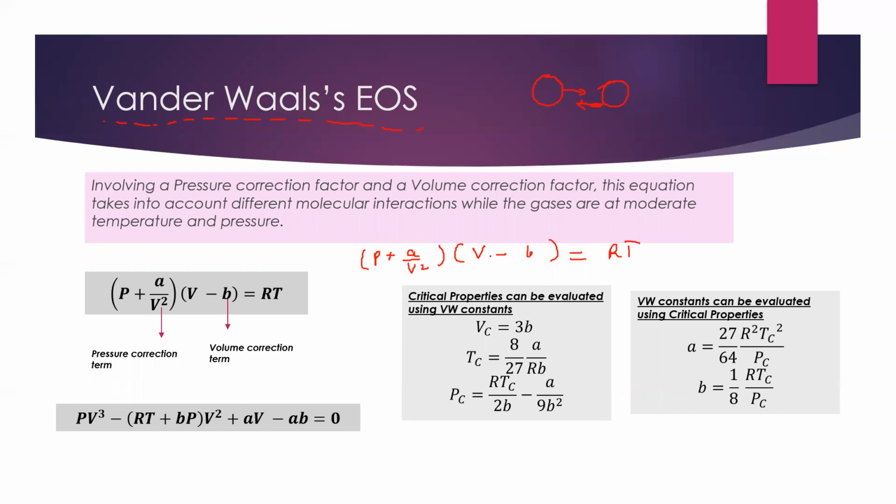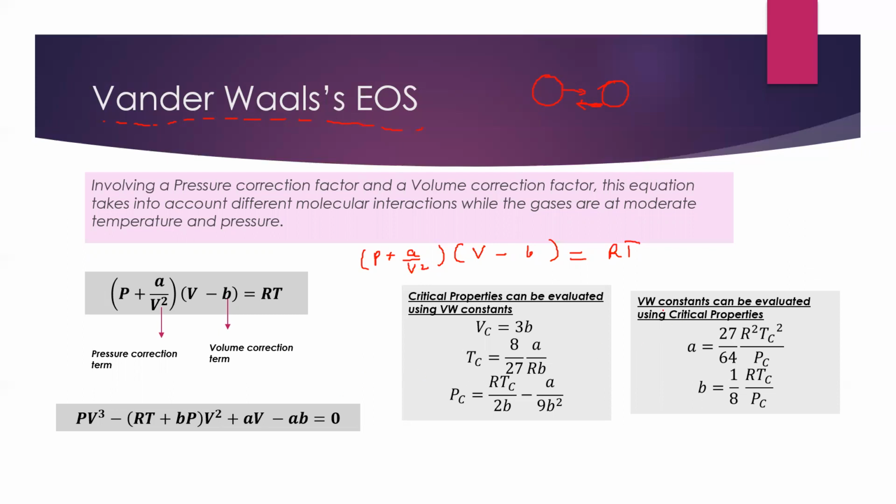So always remember your equation in this form only. Otherwise, it is going to get very complicated further. So please don't get confused. So (P plus A by V square) into (V minus B) is equal to RT. This is the Van der Waals equation of state.